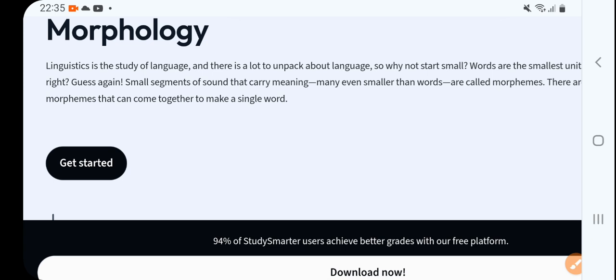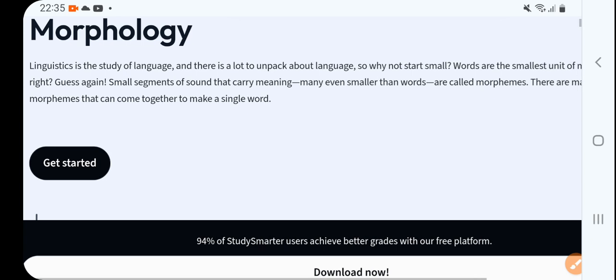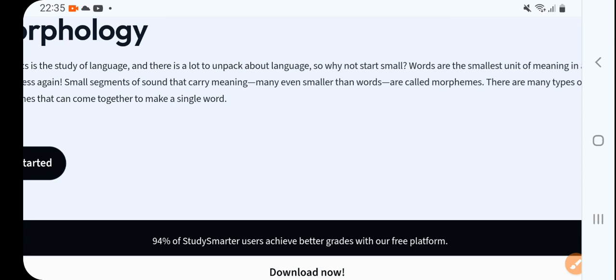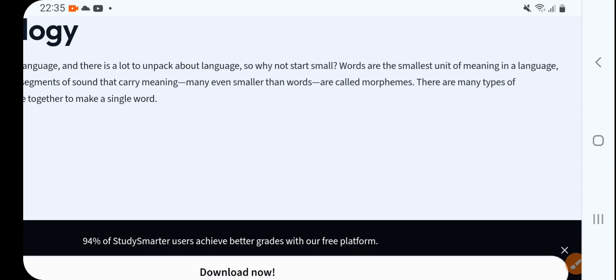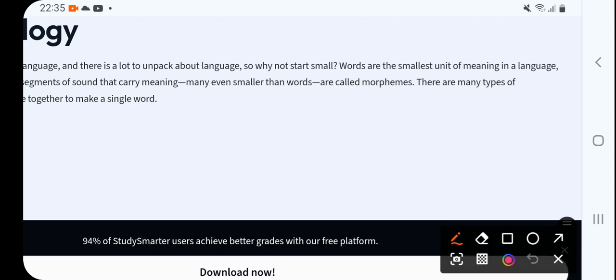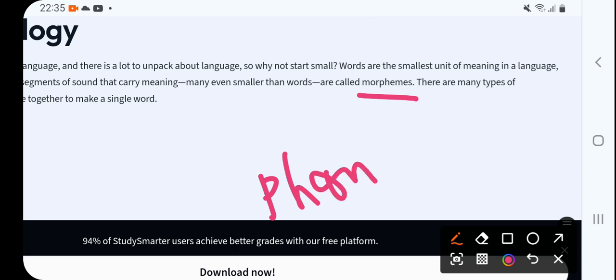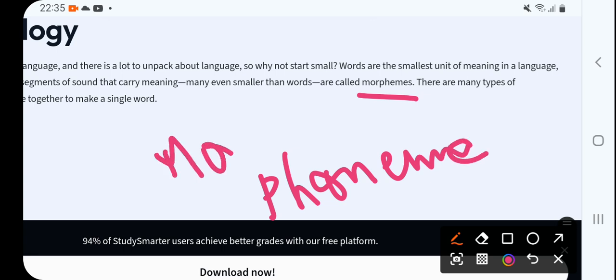Small segments of sound that carry meaning, many even smaller than words, are called morphemes. Like phonemes, which are the smallest sounds, there is one more concept, that is the morpheme. Morphemes can be smaller than words.